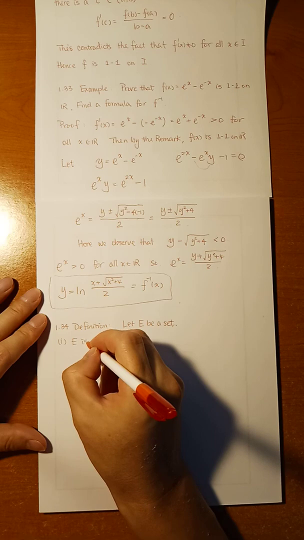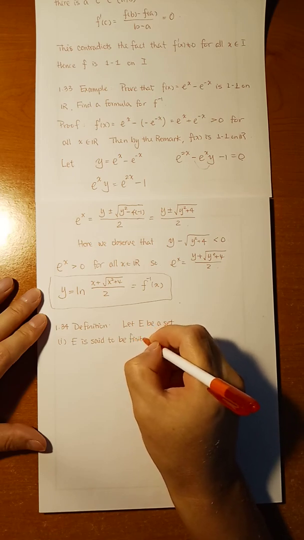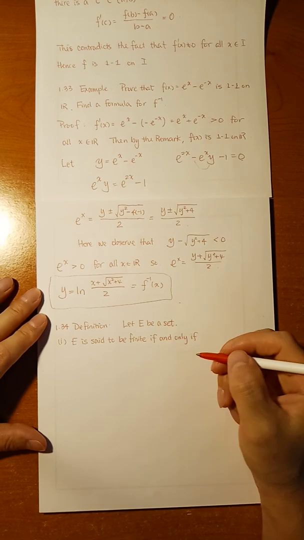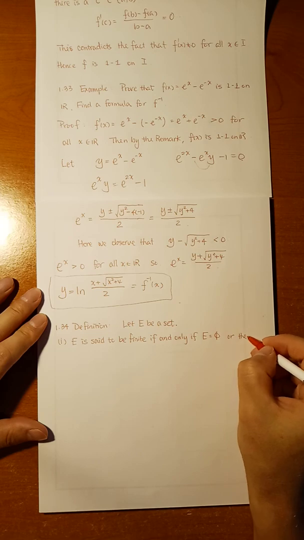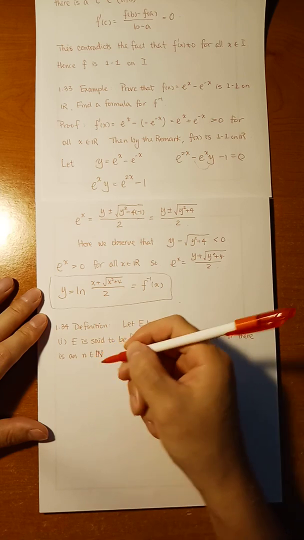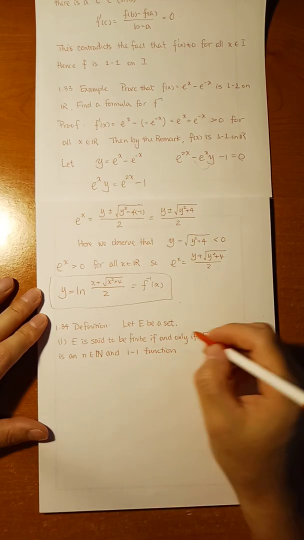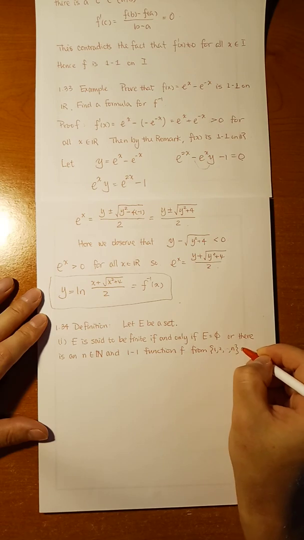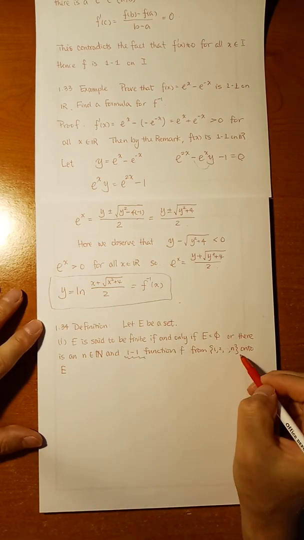E is said to be finite, E is a finite set, if and only if E is either empty (the empty set we consider as a finite set), or there is a natural number n and a one-to-one function f from the set {1, 2, 3, up to n} onto E. So it has to be one-to-one, and this map should be onto.